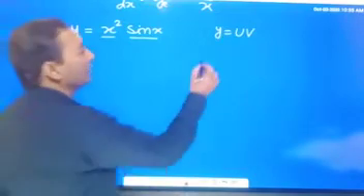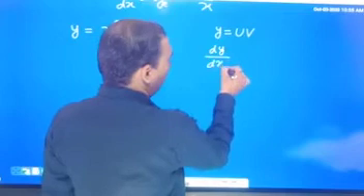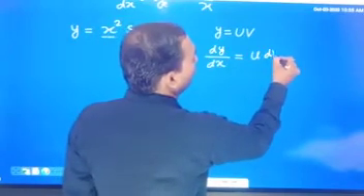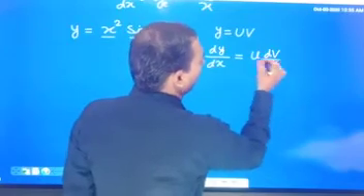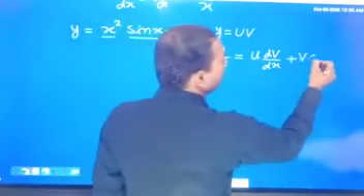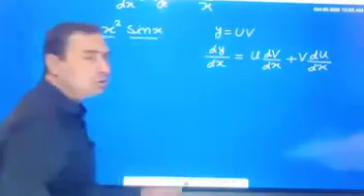When two functions are in multiplication, then when we differentiate with respect to x, it is u dv upon dx, first constant, differentiation of second, plus second constant, differentiation of first. We use this theorem.